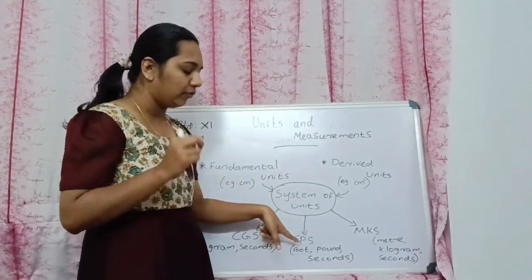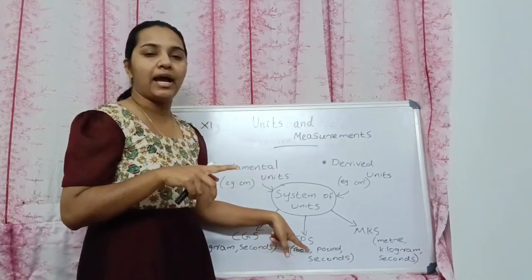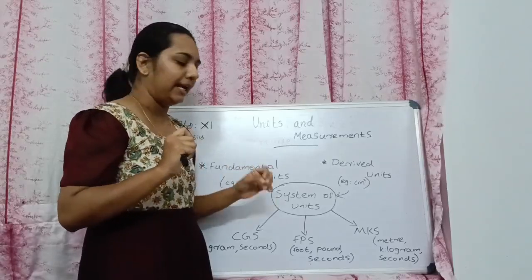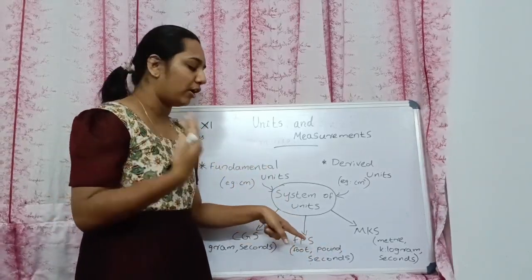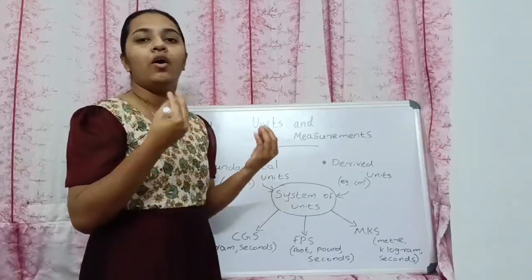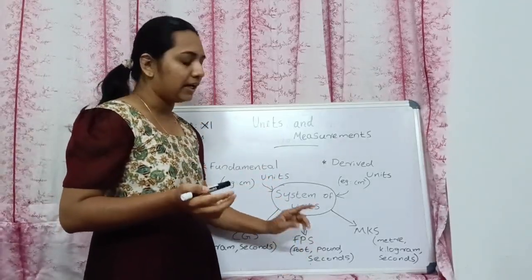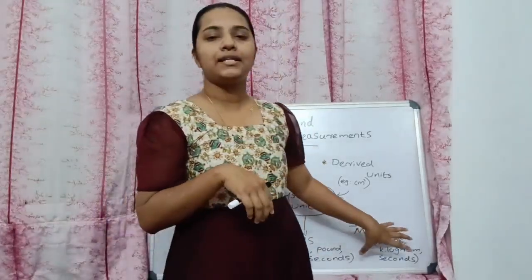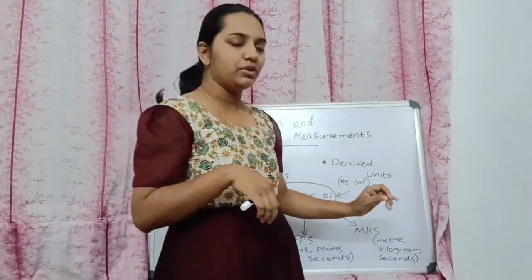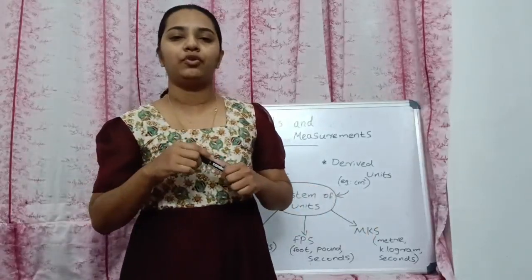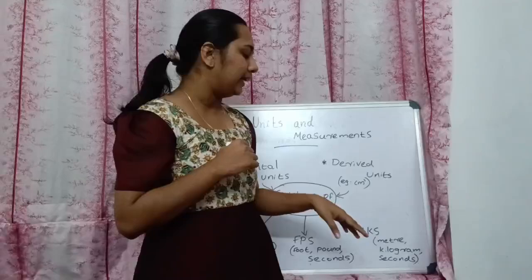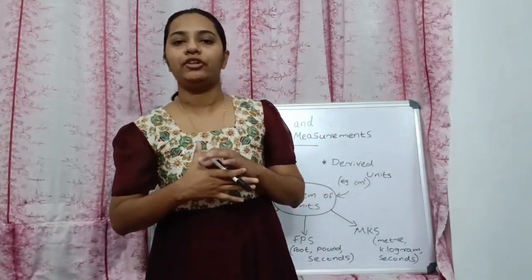For this they used foot as the base unit for the length, pound as the base unit for the mass or weight, and seconds for the base unit of time. Then the MKS system. The MKS system used meter as the base unit for the length, kilogram as the base unit for mass, and seconds for the base unit for time.